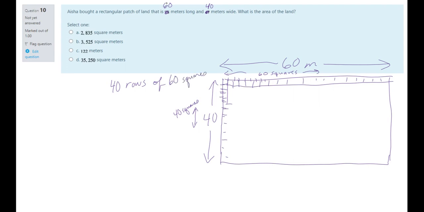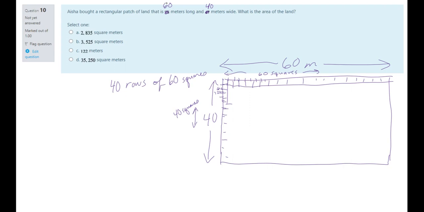So 40 rows of 60 squares. So if I drew those all out and I asked you how many squares there are, you could count them up and you go 1, 2, 3, 4, 5, 6, 7, 8, 9, 10, 60, 61, I'll count all the way up to 120, then 121, and keep counting like that. But hopefully after a while you'd realize, okay, every one of these rows is 60, and I got 40 of those.